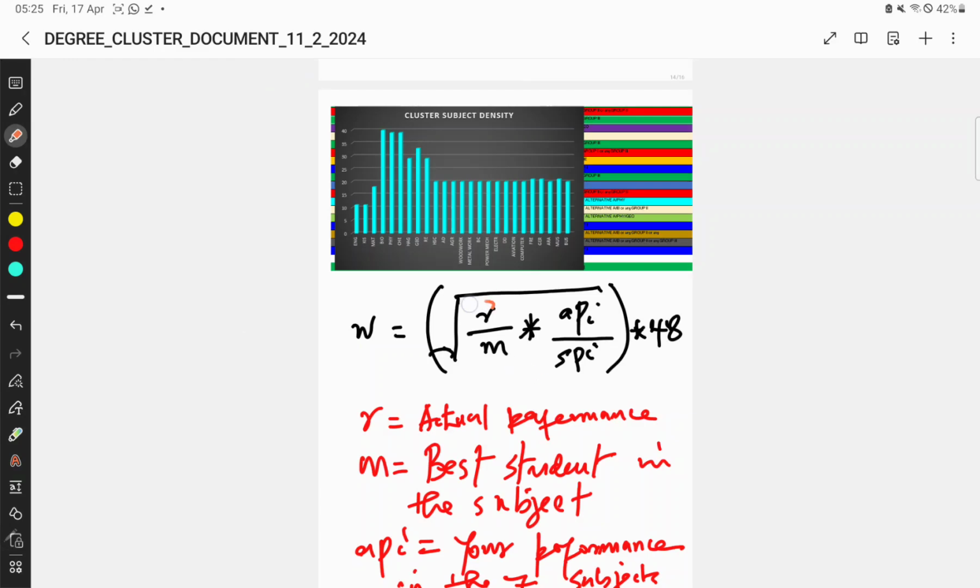So let's say this is R in subject: first cluster plus second cluster plus third cluster plus fourth cluster. That gives us your performance in those 4 clusters, and these must be against the best student also in those different subjects.